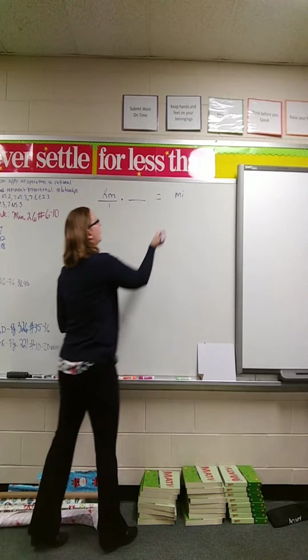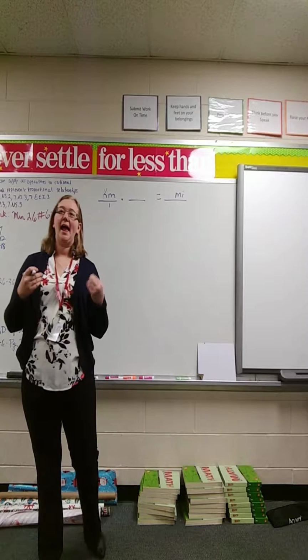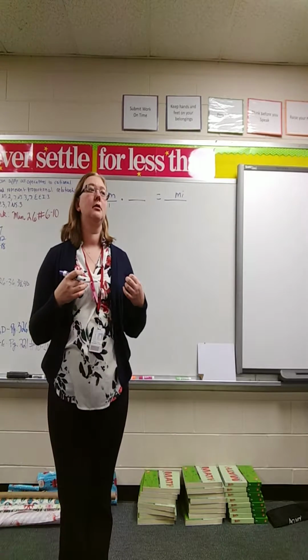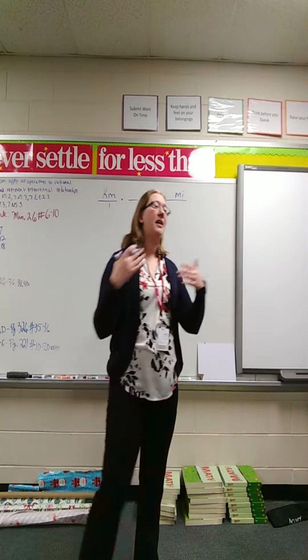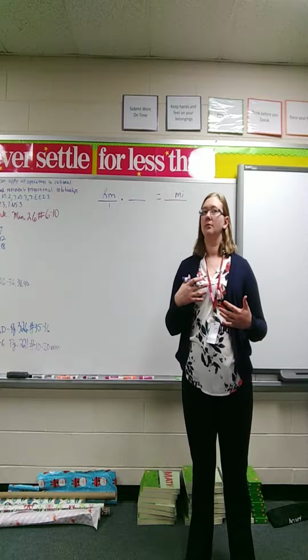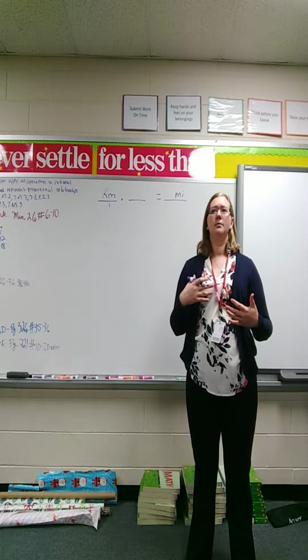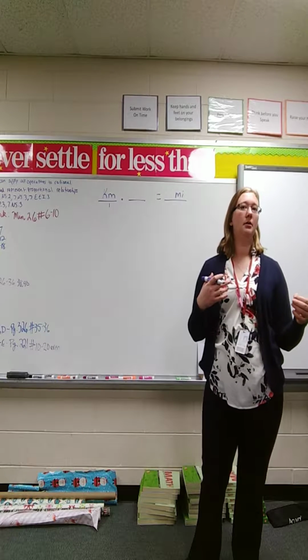Because if we multiply by half, what's that the same as doing? Dividing by 2. And if we needed to divide by 3, what's that the same as multiplying by?